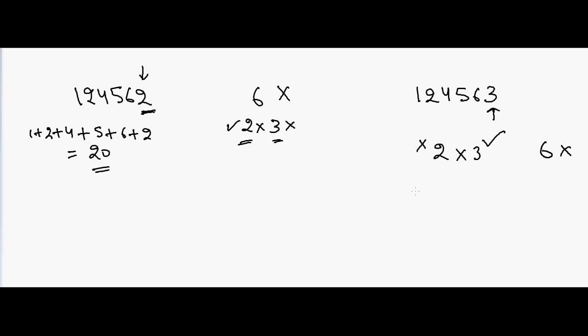Another modification we can make is add another 3 here. So if I make it 1 2 4 5 6 6, then this is both even, and the sum will still be divisible by 3. So it passes the test both for 2 and 3. Therefore it should be divisible by 6.